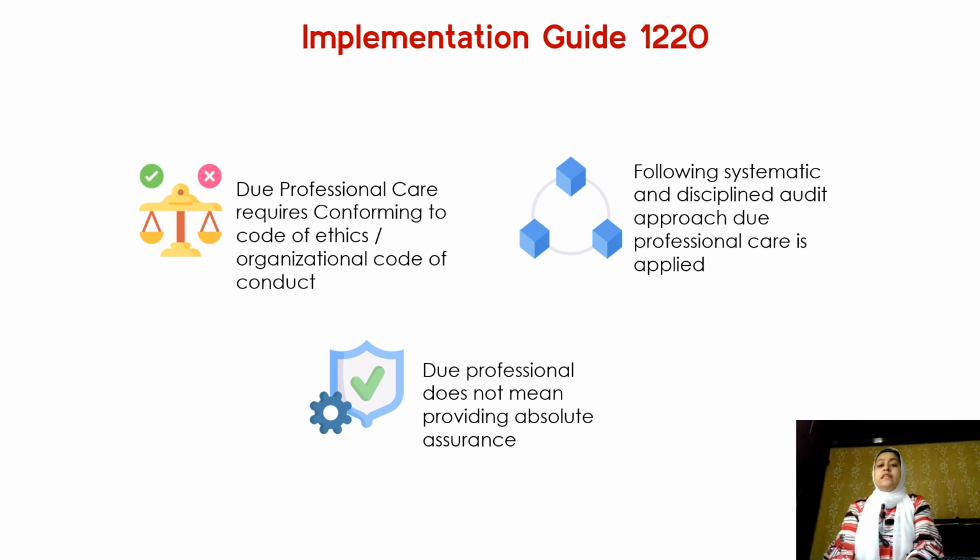By following this approach, due professional care is also applied. And lastly, due professional care does not mean providing absolute assurance. As I already said, due professional care implies reasonable care and competence. No extraordinary performance is expected. So due professional care does not mean that non-compliance or irregularities will not exist. Rather, it means giving reasonable assurance.